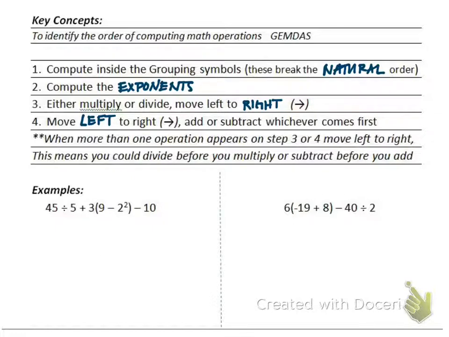These little stars I have organized right here mean that when more than one operation appears on step 3 or 4, we're always going to be moving from the left to the right side. So think about reading. When you read from the left to the right, that's how you know which direction to work with first. This could mean that you might be dividing before you multiply, or subtracting before you add.